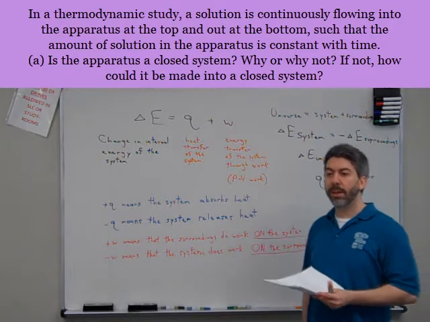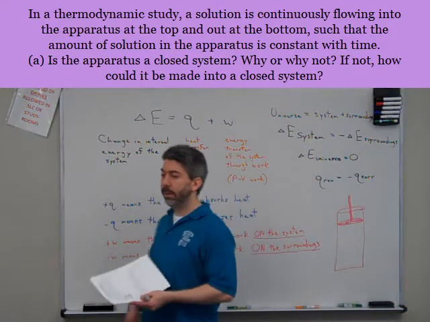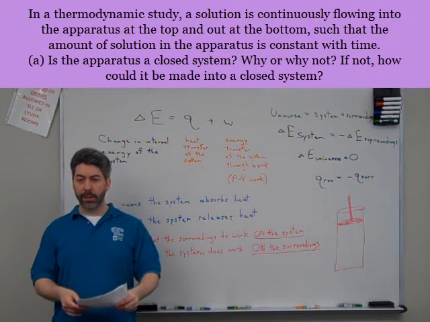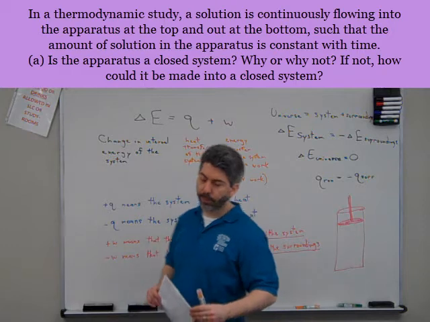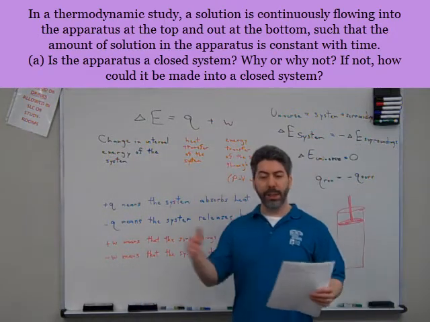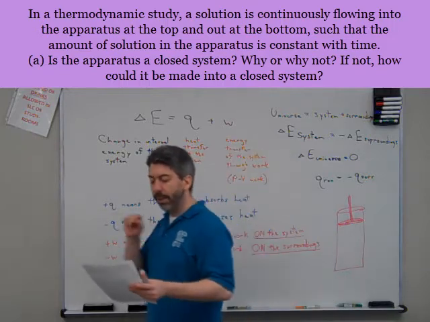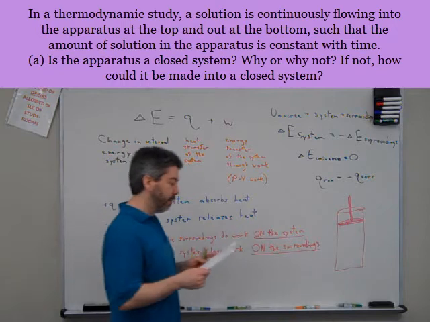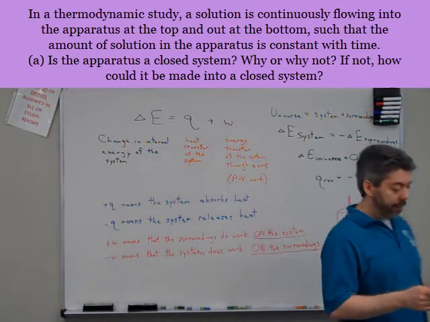No, it's not. A closed system is a system that's cut off from the outside, that's separated from the surroundings. So since a closed system is separated from the surroundings, nothing comes in or out. But in this case, you definitely have solution coming in, and you have other solution coming out. So this is not a closed system. What could be done to make it a closed system?